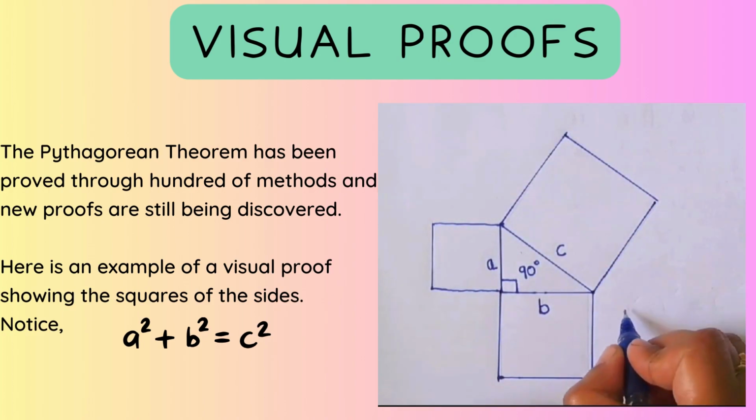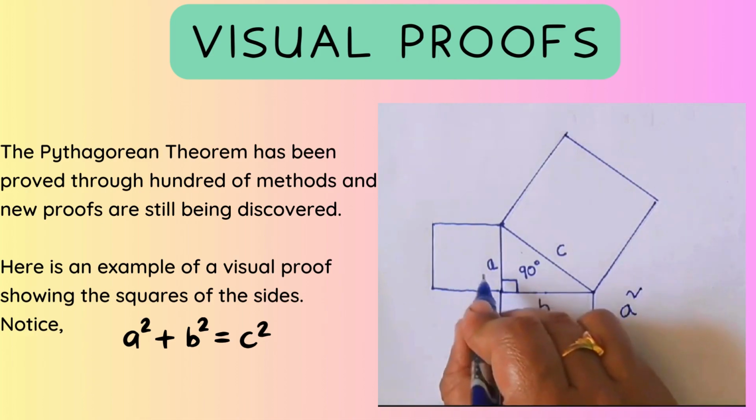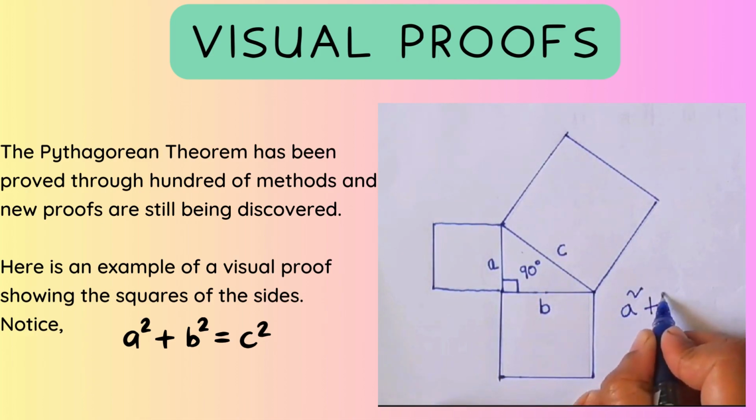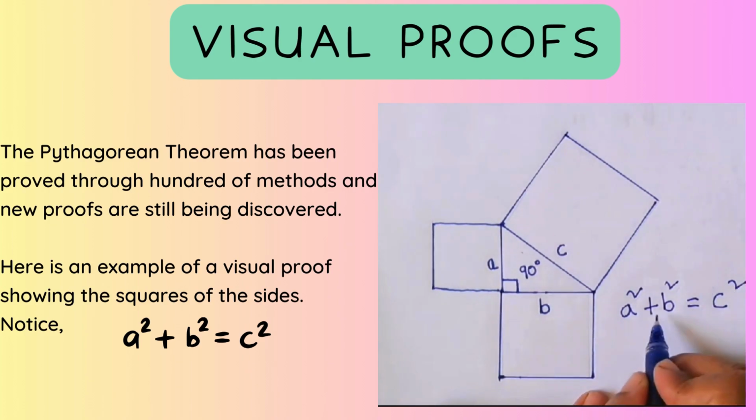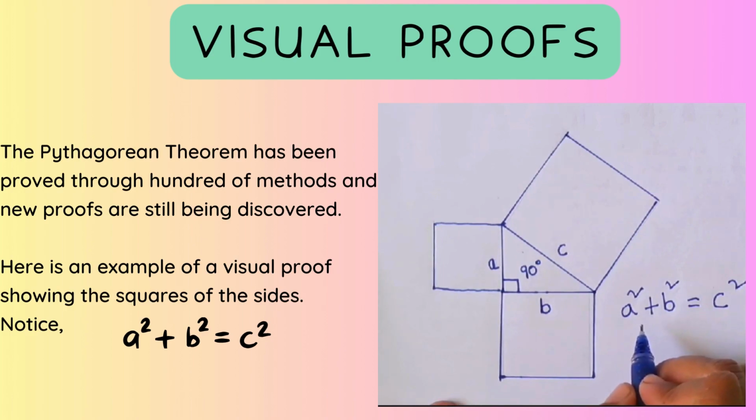In other words, a square plus b square is equal to c square. This statement is one of the fundamental principles in geometry. This theorem has been proved numerous times by many different methods, but new proofs are being discovered still. This theorem is believed to have more known proofs than any other theorem in mathematics.